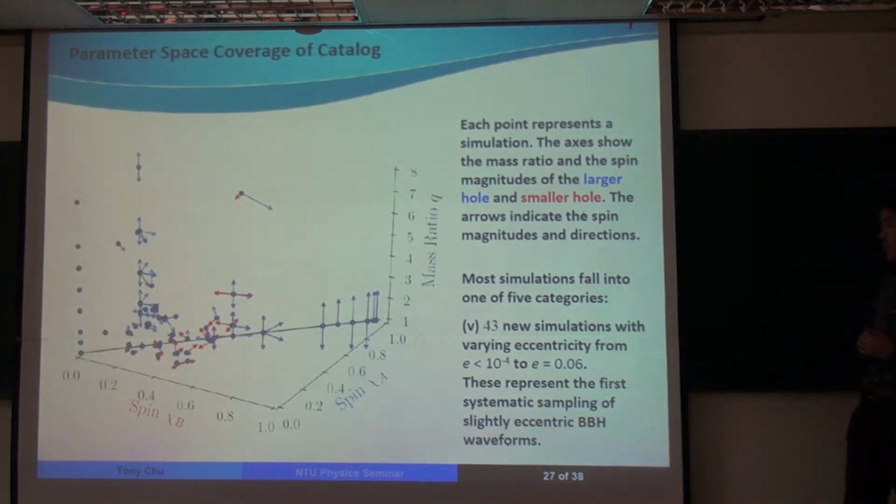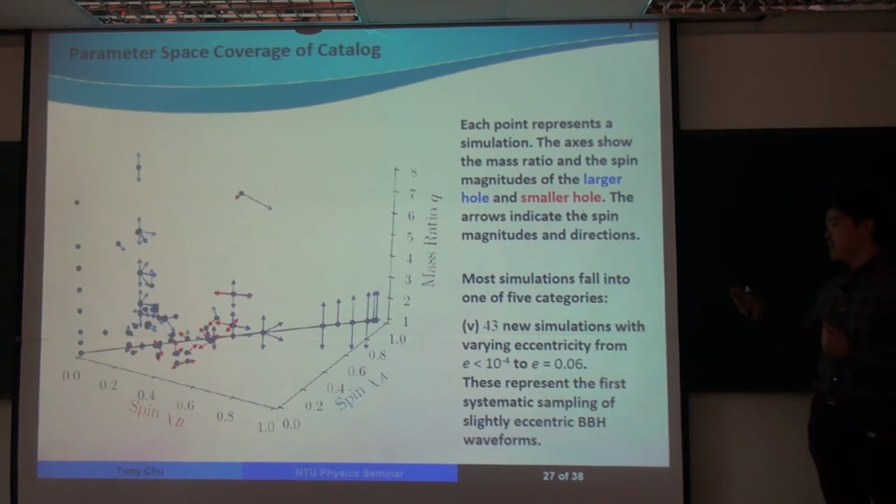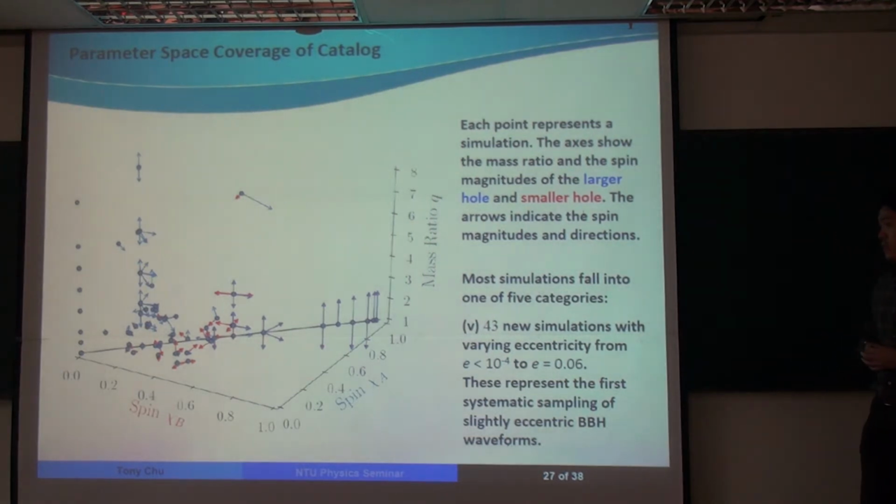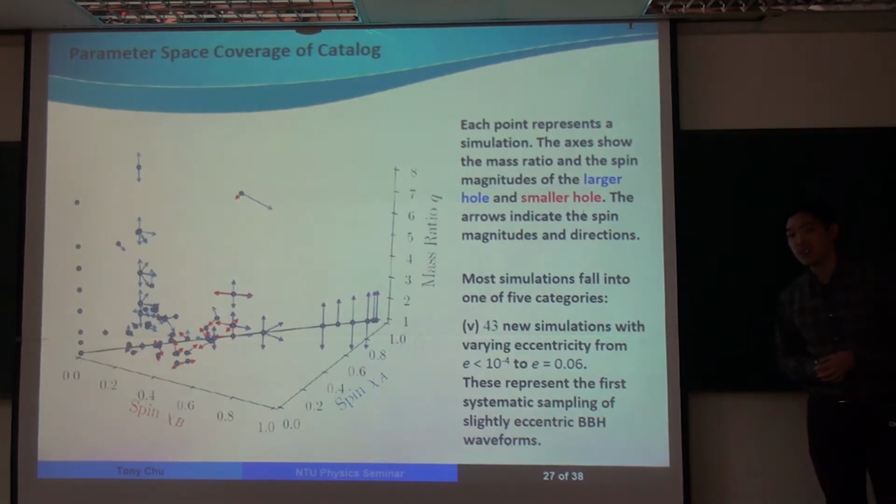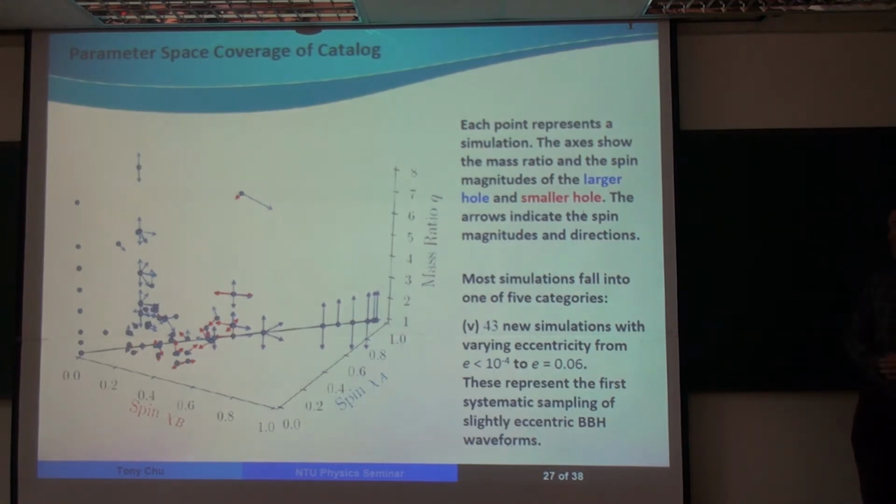But there could be a small fraction that has non-zero eccentricity, and the only way to actually know that is to have waveforms that we can test against experiments. So this represents the first systematic sampling of slightly eccentric binary black hole waveforms.